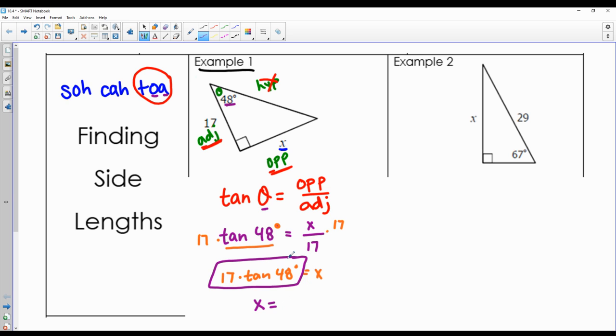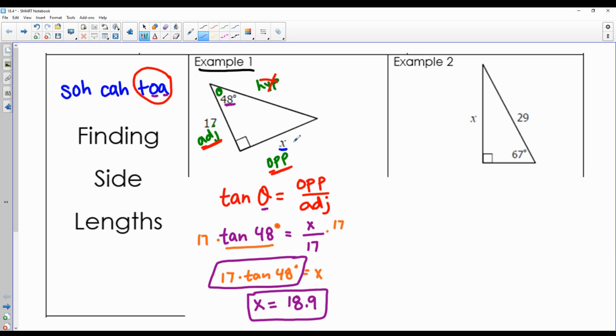You're just going to straight put that into your calculator right there. You don't even need the multiplication. It just knows to multiply. So 17 times the tangent of 48 gives me an 18.88. Let's round to the nearest tenth on these. So 18.9 is that side length right there.